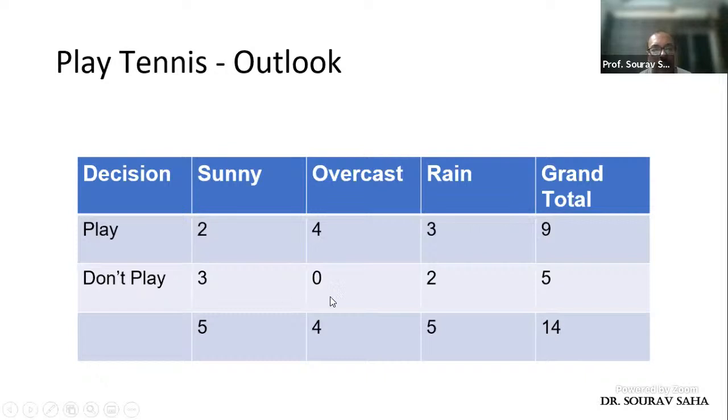None of the cases is saying don't play. For the sunny, 2 cases are saying play, 3 cases are saying don't play. For the rainy, 3 cases are saying play, 2 cases are saying don't play. So it is very close together. But for the overcast, my decision is exactly clear. If it's overcast, go out and play, right?